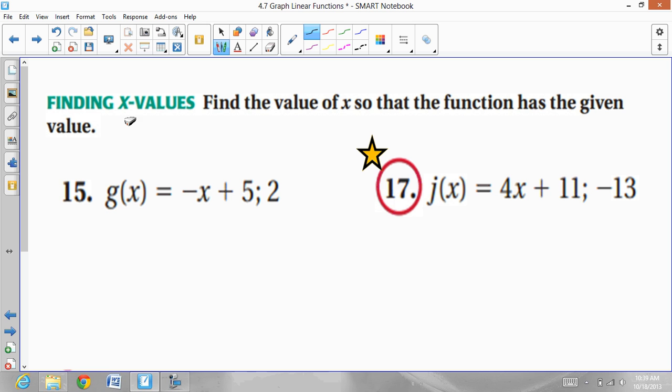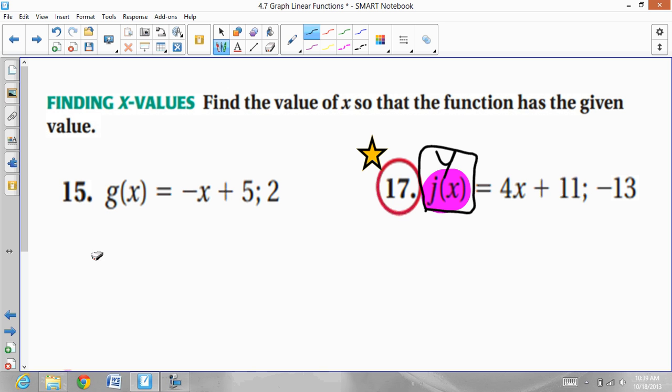Now let's focus on this. Finding the x values. Finding the value of x so that the function has a given value. Remember, I said that your j of x is the same as your y, which I'm going to highlight in pink. This is nothing but y, which is what you were so used to seeing.